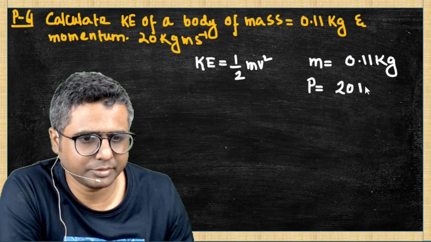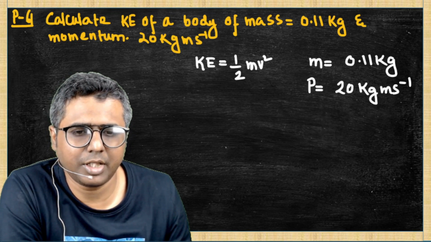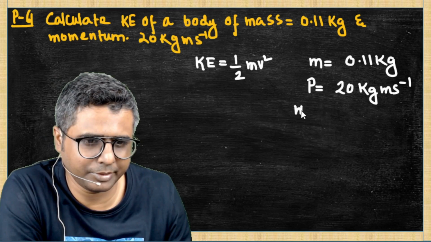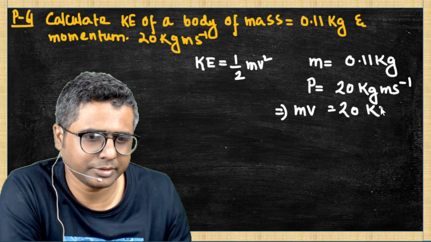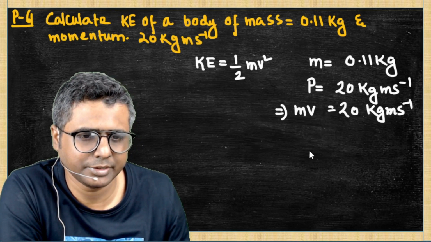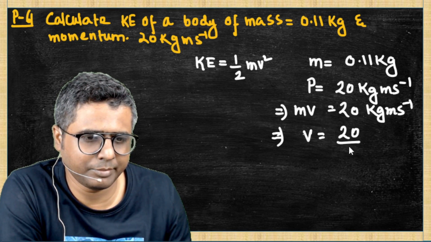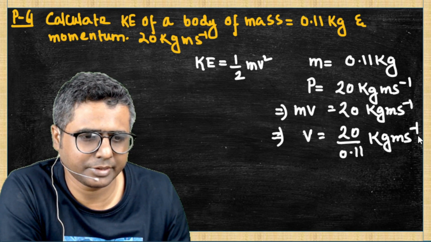So how am I going to do it? I can easily find out the velocity, because mass into velocity is equal to 20 kg meter per second, and mass is given, so velocity will be 20 divided by 0.11.